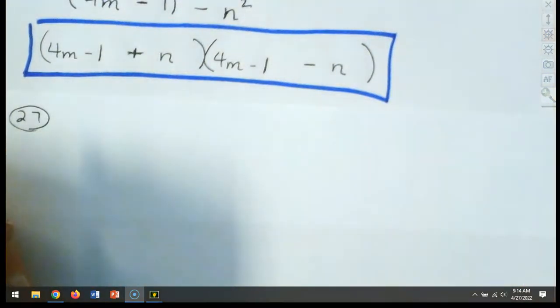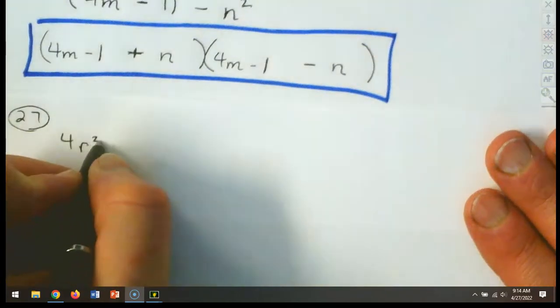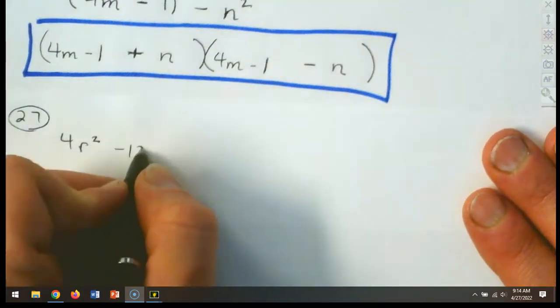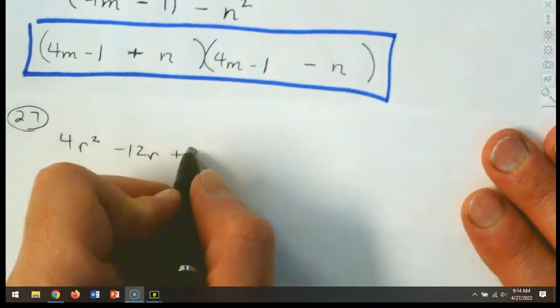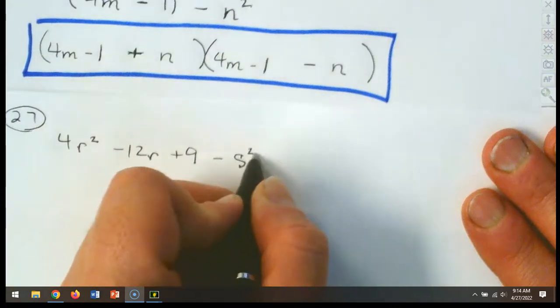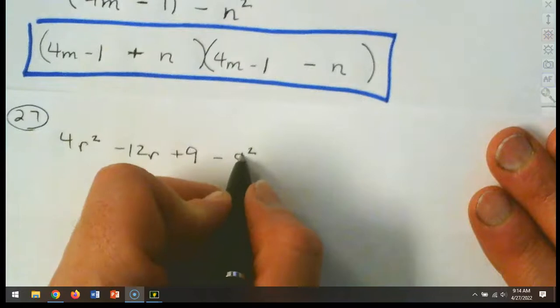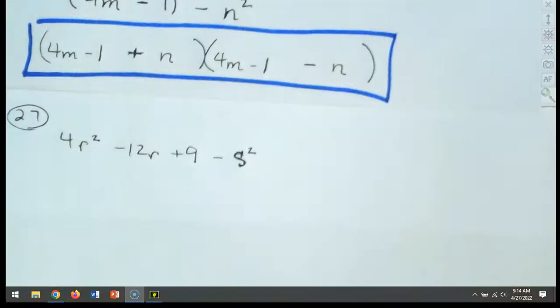And 27 is 4r squared minus 12r plus 9 minus s squared. Well, what looks by itself? What's going to be by itself?